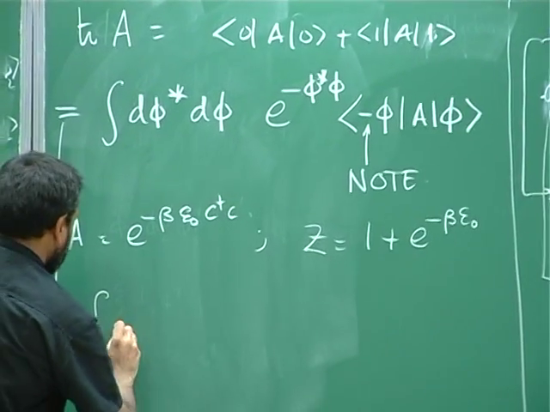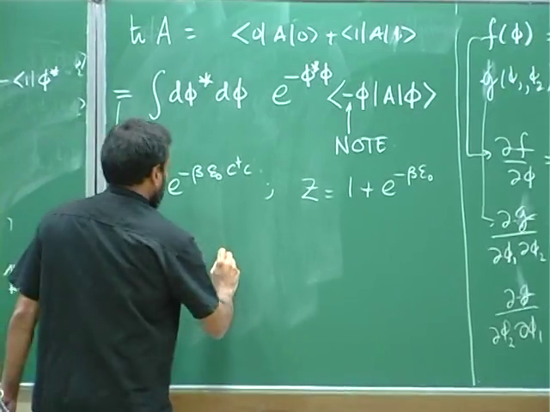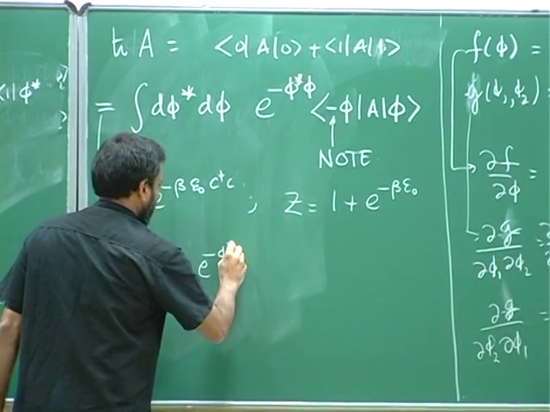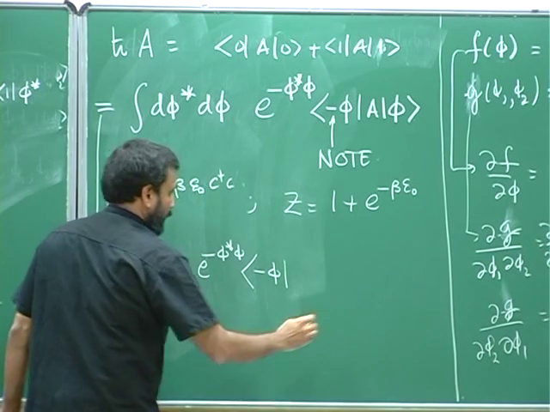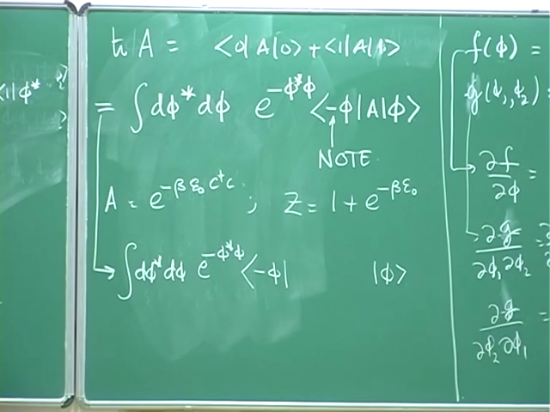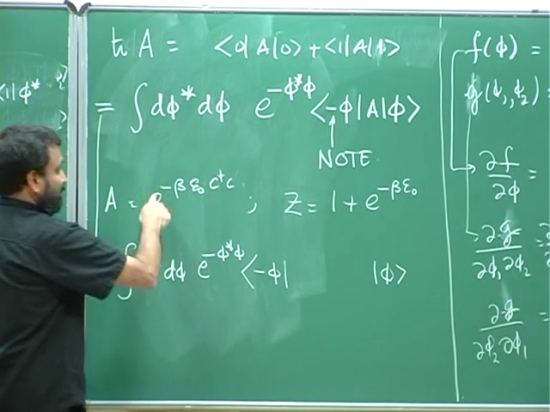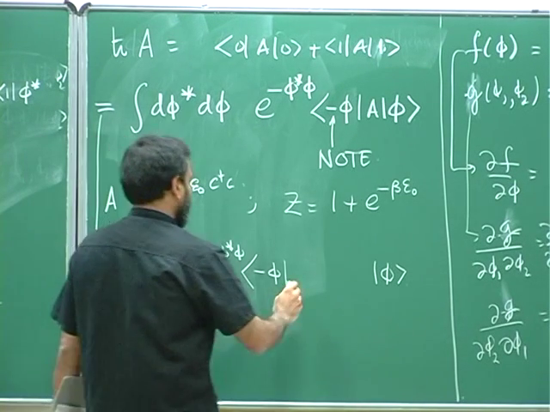This is the integral d phi star d phi e to the minus phi star phi, and then I have minus phi here. Now what do I have? I have this operator. If I write this down, I hope that nobody will be offended.